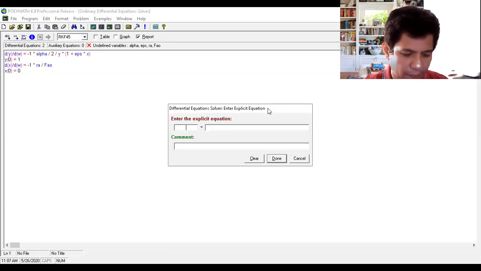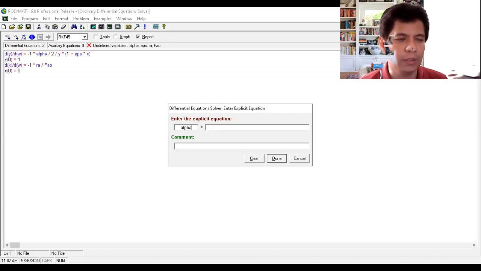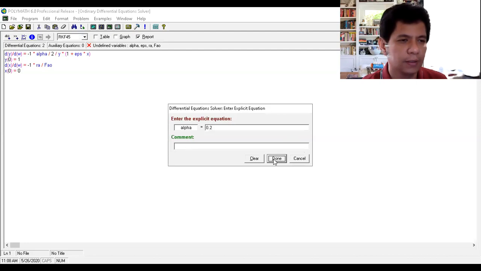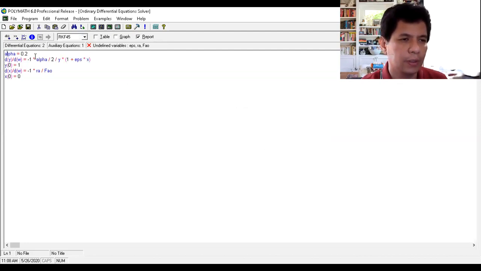Alpha is equal to 0.2, sorry, 0.2. So alpha is 0.2. Okay, and then just click done. There we have the first constant or explicit equation.